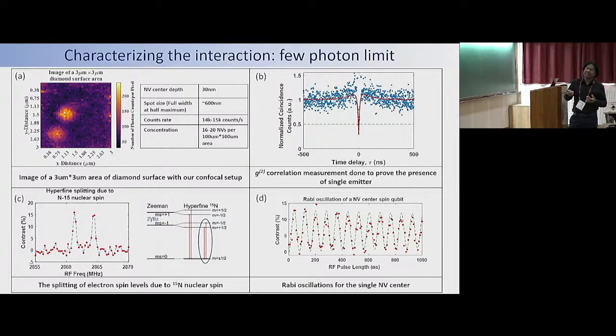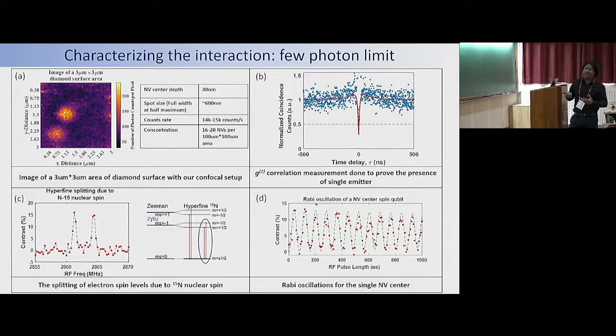This is the x-axis, this is the y-axis, this is a diffraction limited image. And this is the spot size, and if you look at this color bar, you can see that there's not a lot of photons coming out from every NV center. So these measurements are a bit time consuming in terms of generating the photon statistics, but this is low photon level imaging to just isolate the NV centers. You can really prove that there's only a single NV center in each of them.